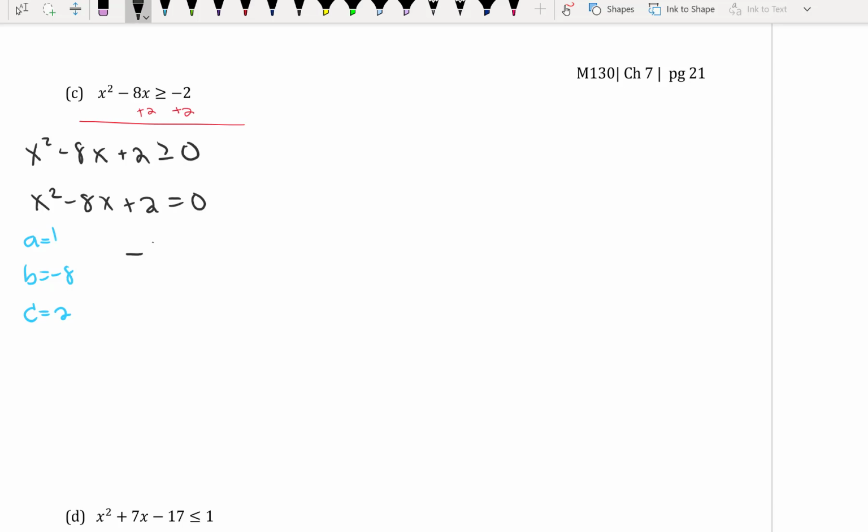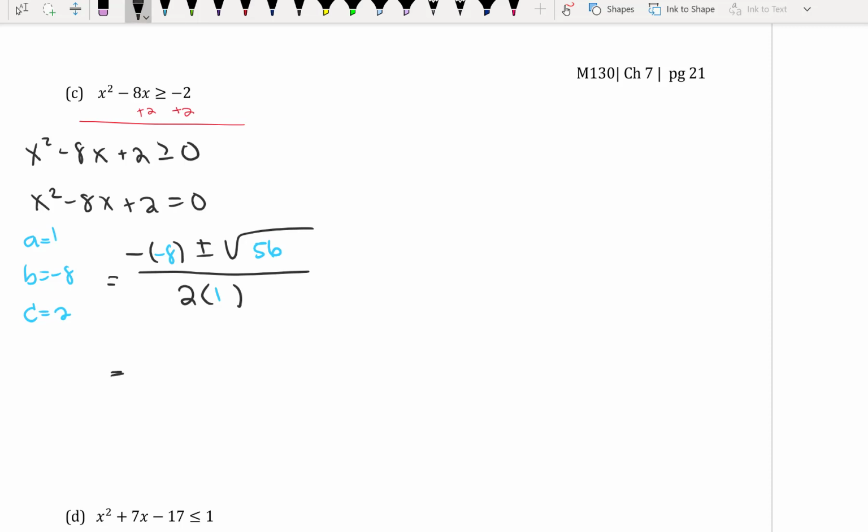So I have negative b plus or minus the square root of the discriminant, over 2 times my a value. So I know I have negative 8 and a positive 1. So that discriminant is negative 8 squared, because that's my b squared, minus 4 times my a times my c, and I end up getting a positive 56.